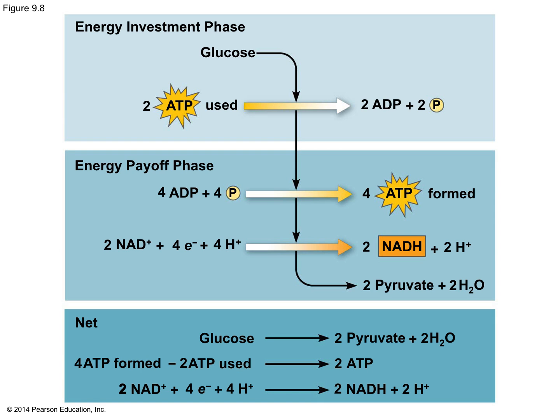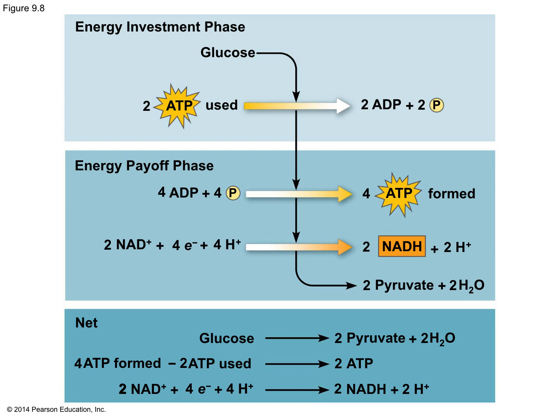Okay, you see how this diagram shows that in the different boxes there are different steps: energy investment, energy payoff, and then of course you have the net down at the bottom. We actually have to start with a little bit of ATP. 2 ATP we actually use.